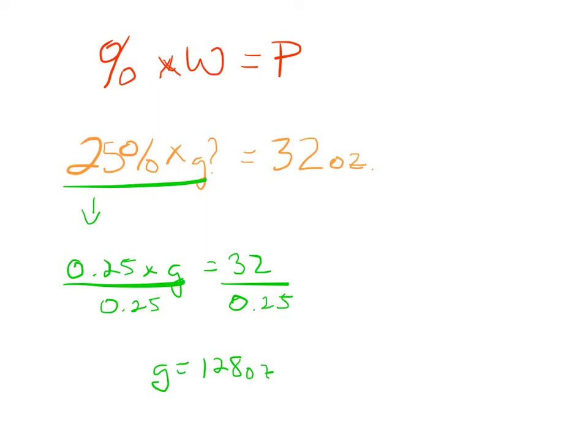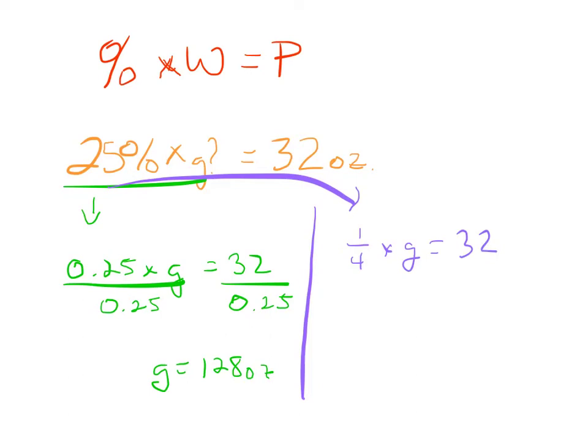Another way of doing this is going to be instead using the 25% as 1/4 times a gallon equals 32. And in this case, I want to multiply by 4/1. So this will cancel out.